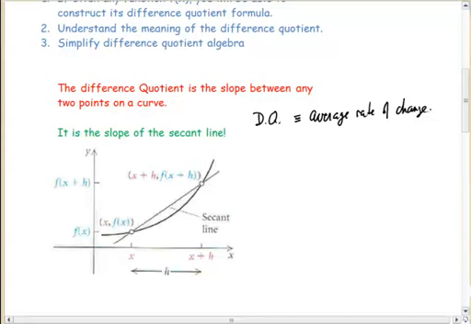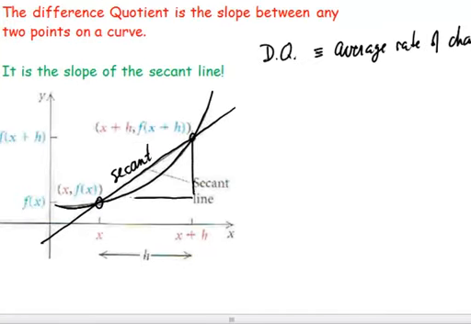So if we look at this curved equation, any point we choose, if we draw a line between the 2 points, that's called a secant line. And if we find the slope of that secant line, that, as we've done in class, will represent the average rate of change of the function.